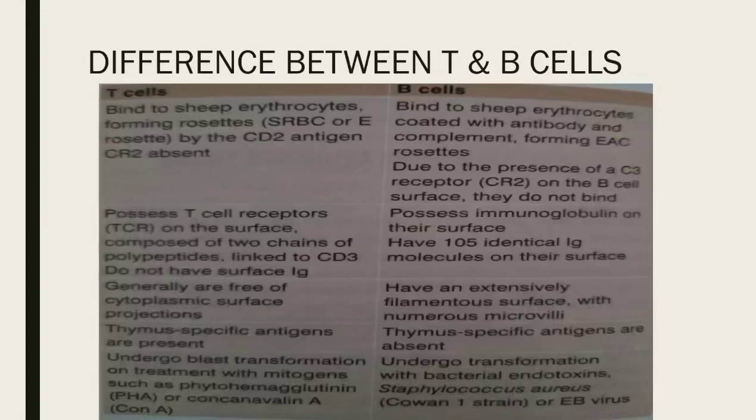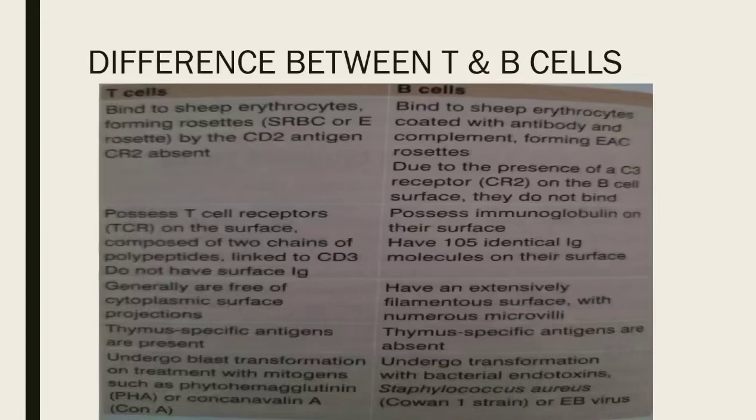T cells possess T cell receptors on the surface composed of two polypeptide chains linked to CD3 and do not have surface Ig. And B cells possess immunoglobulin on the surface and have 10^5 identical Ig molecules on their surface.